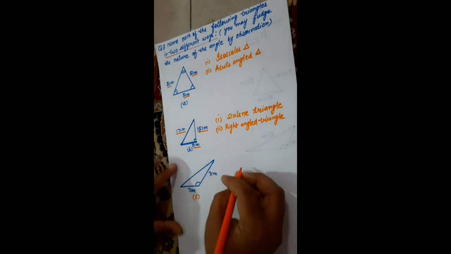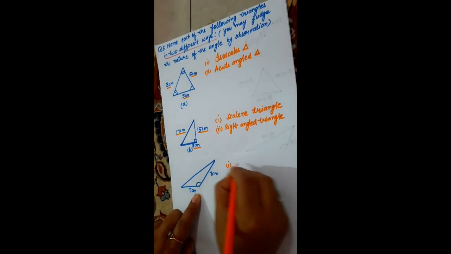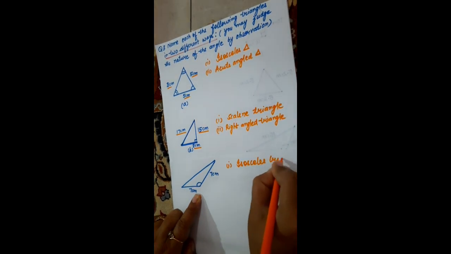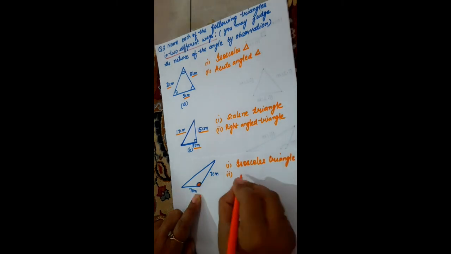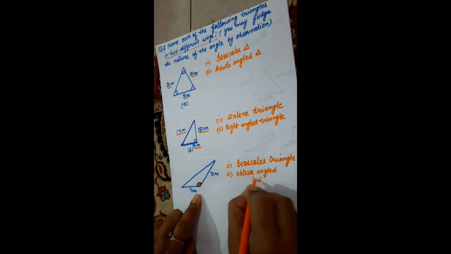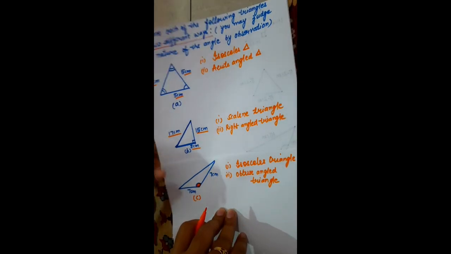So this is C part. Here C part, if I write on the basis of side, as two sides are equal, so here we have an isosceles triangle. And this is clear that this angle is greater than 90 degree. So if an angle is greater than 90 degrees, so this is your obtuse angled triangle. So this is your A, B and C part.